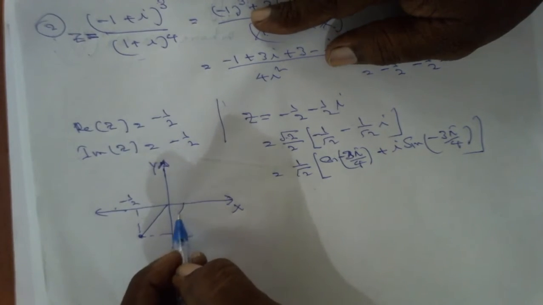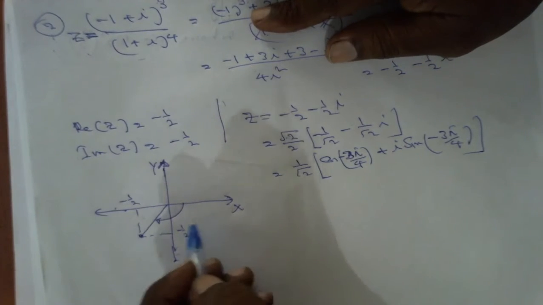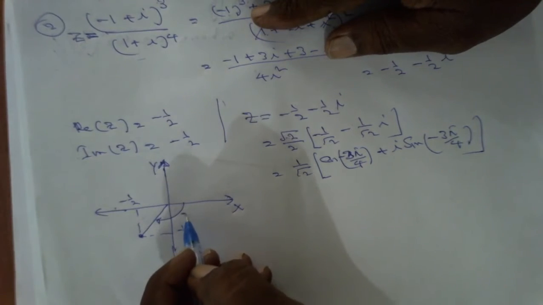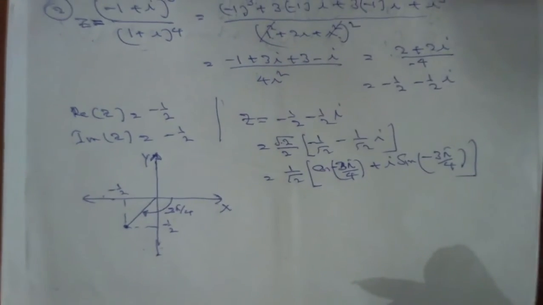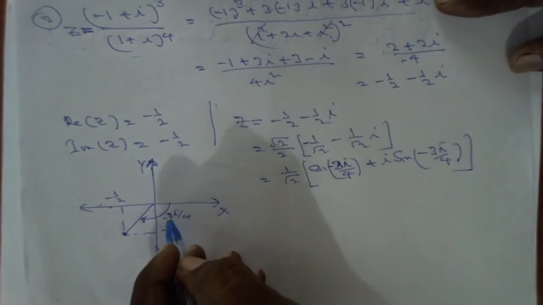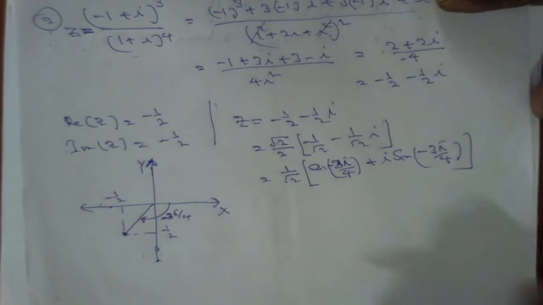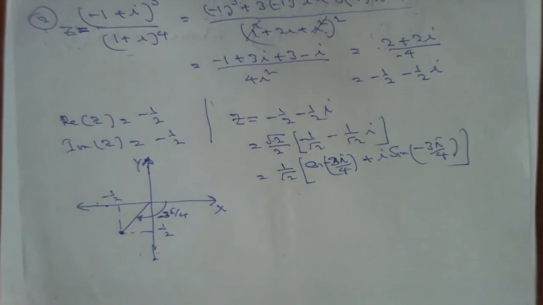What is this angle? This angle is minus (pi minus 3 pi by 4)... that is the principal argument of this complex number: minus 3 pi by 4. Is it clear?